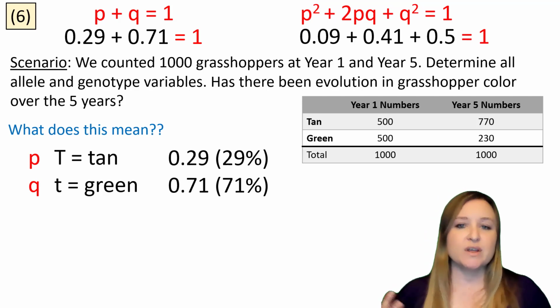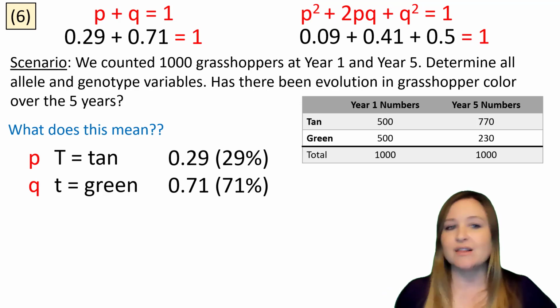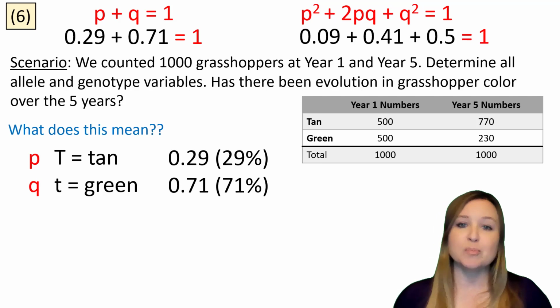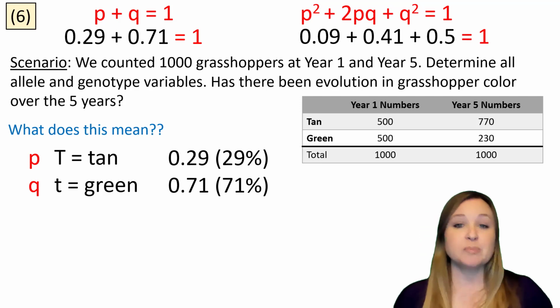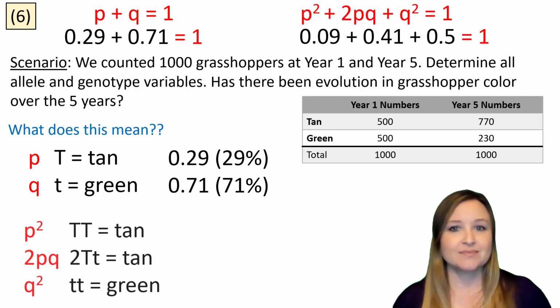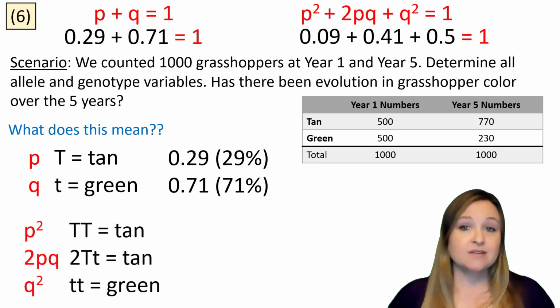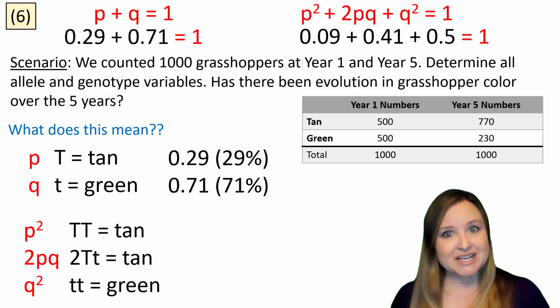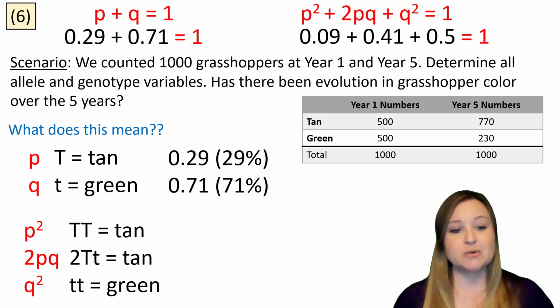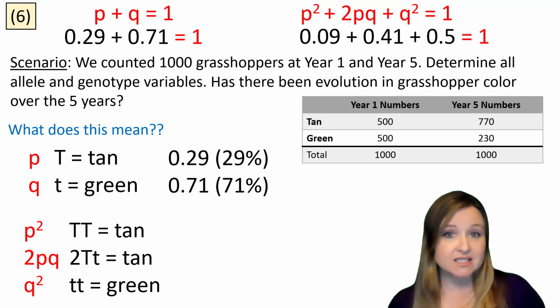So when you're working with the Hardy-Weinberg equation, don't get lost in the frequencies, right? Just remind yourself what P and Q stand for, or what P squared, 2PQ, and Q squared stand for. Now we looked at the allele frequency. Let's look at the genotype frequency. P squared represents the frequency of the homozygous dominant individuals.